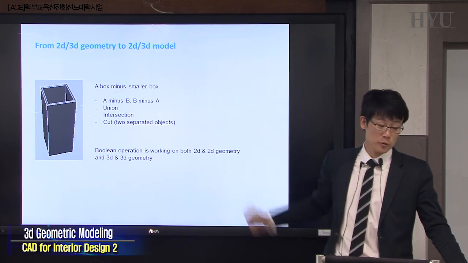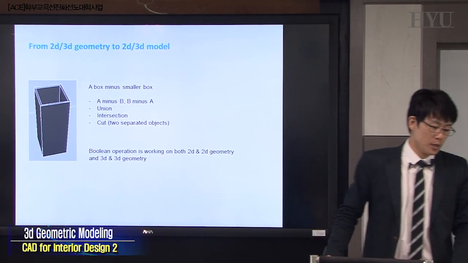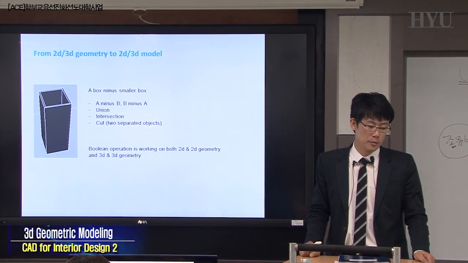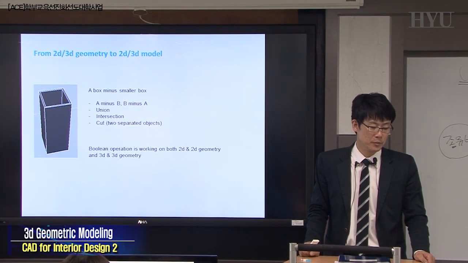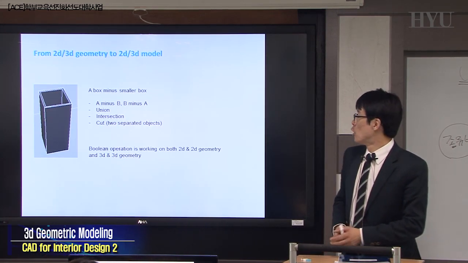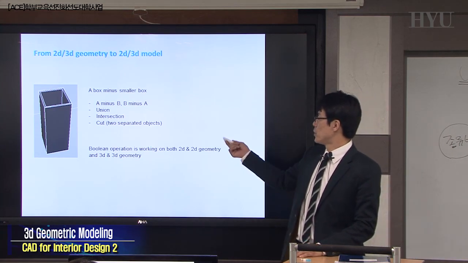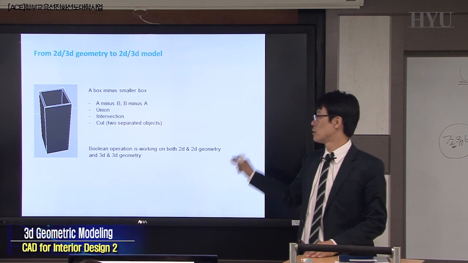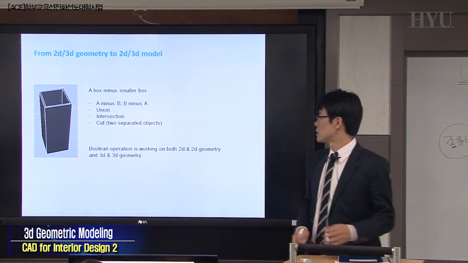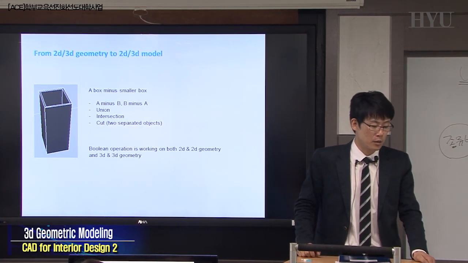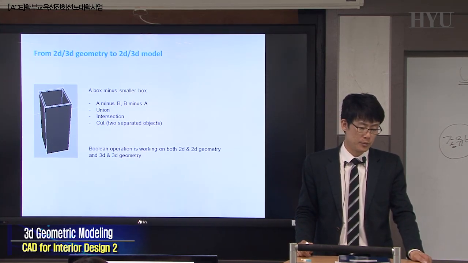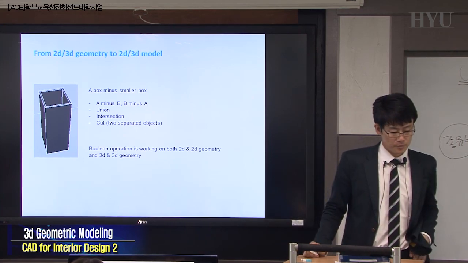You can control move and anticipate the final outcome when you create a simple two-box shape using primitives. Of course, there are some more options: A minus B, B minus A, or union, so that you can merge them together as a single object, or intersection. You can even create a cut. And of course, there are some more options. We're going to review such parts today.